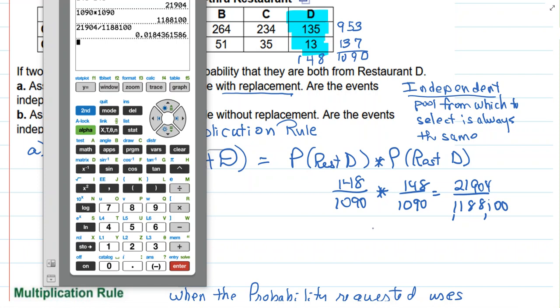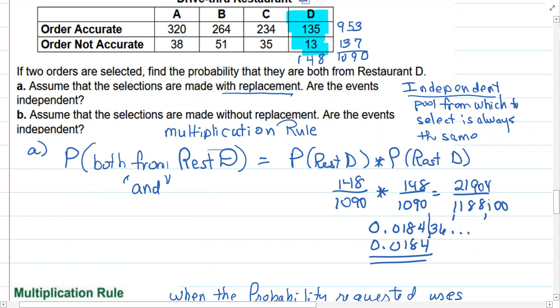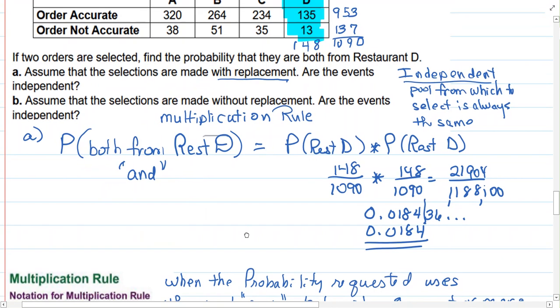And we get this probability. It is a small amount, but we're going to go to 4 decimal places and do the appropriate rounding. And this is our probability that both with replacement are this value.